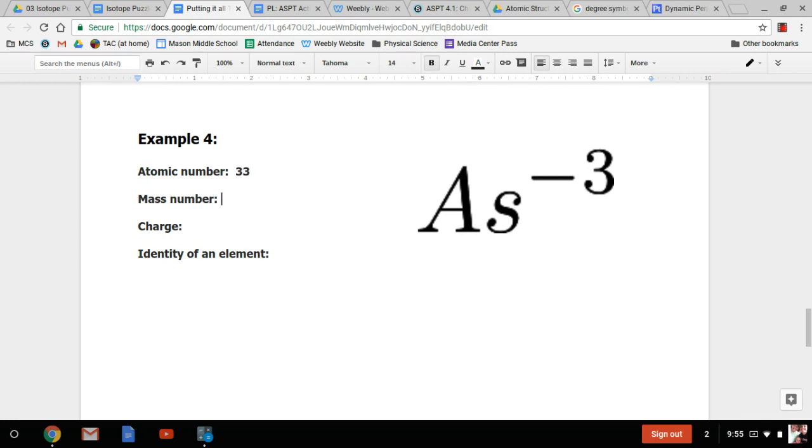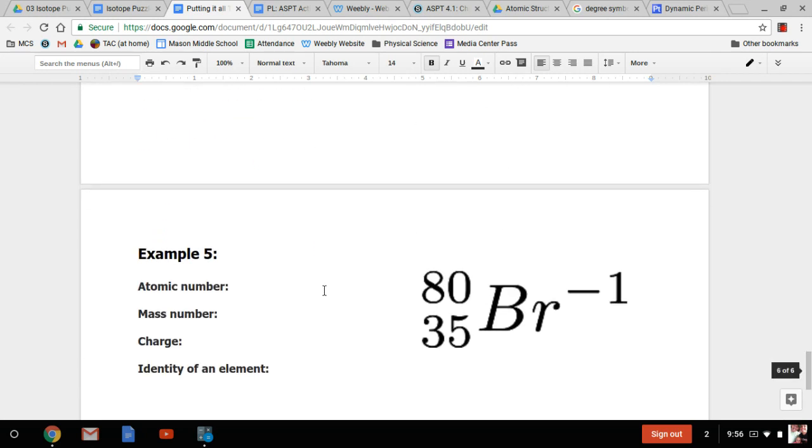My mass number for arsenic, again, I can't find that on this actual diagram, but when you have a diagram like this, you can assume it's the most common isotope, and arsenic's atomic mass is 74.92, so 75 would be my mass number. My charge is easy here. They give it to me. It's -3, and I already mentioned to you that I had to do some hunting at first, but this is arsenic.